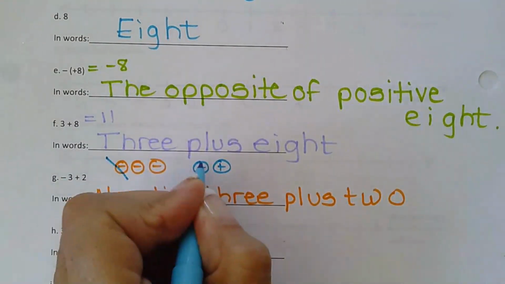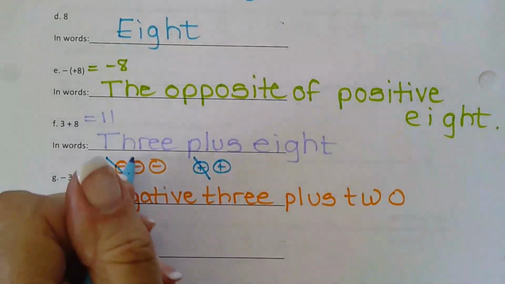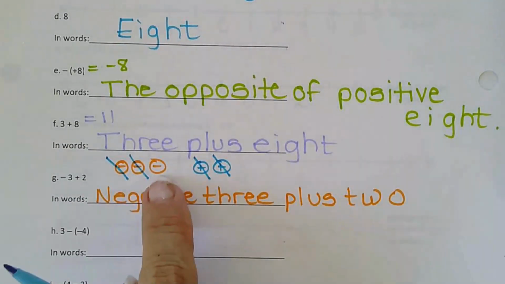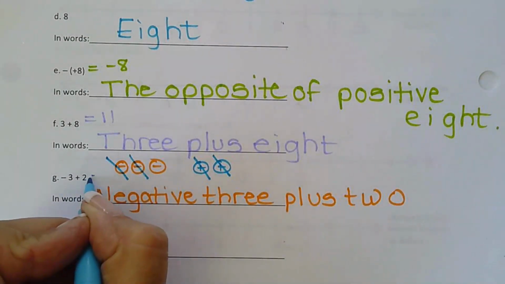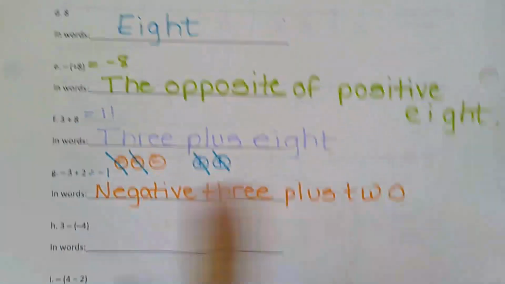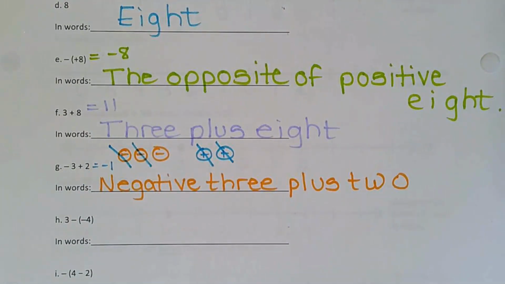This one cancels with this one. This one cancels with this one, so I know the answer to this problem is negative 1 because of the chips above. So every time I see signed numbers, that's what goes through my head: oh, make chips. 3 negative chips, 2 positive chips, 2 of them cancel. I have 1 negative chip left.